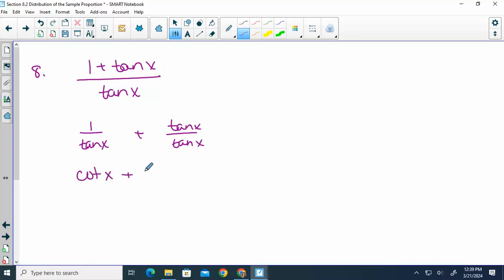What is tangent divided by tangent? Not necessarily the only place. You could have done more and maybe gotten to like cosine x plus sine x all divided by sine x or something like that. But number 9. So again, multiple places we can start.